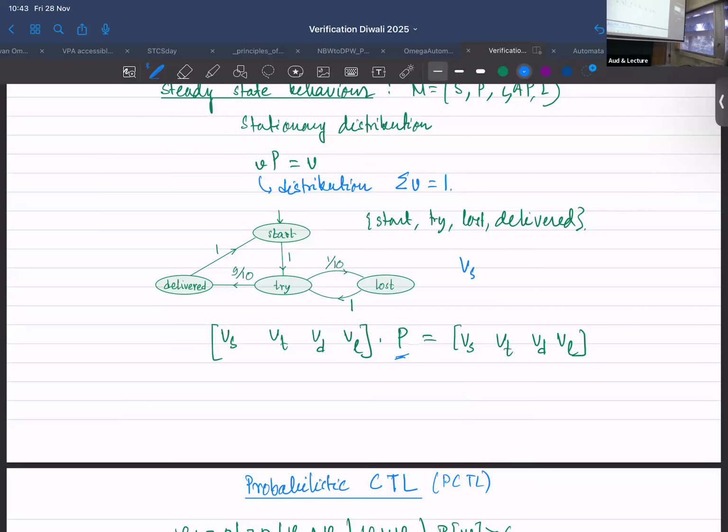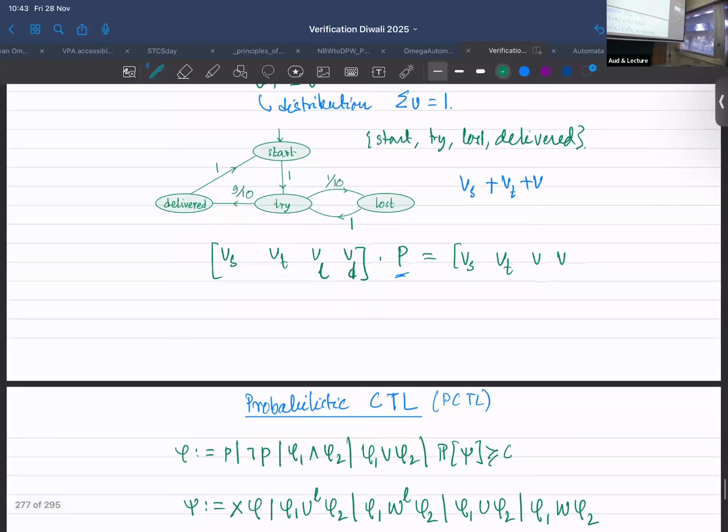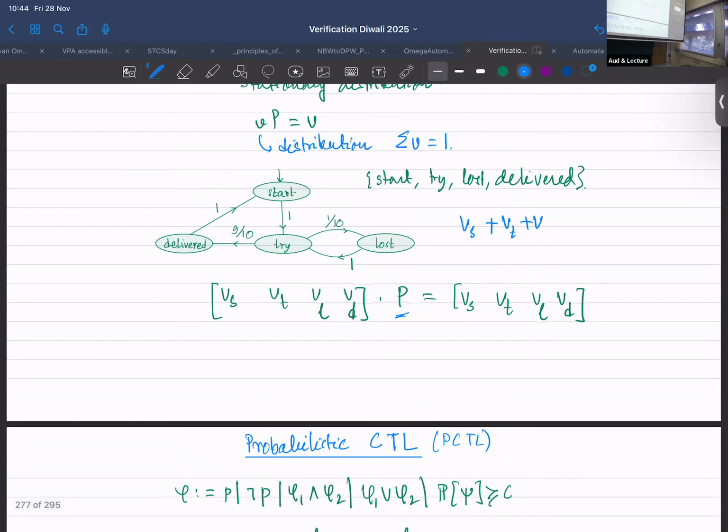If I have to compute this, Vs plus Vt plus Vl and then Vd. I just wrote them in a slightly different order, so I'll follow that. It doesn't really matter. These are the things that I have: Vs plus Vt plus Vl plus Vd equal to 1.